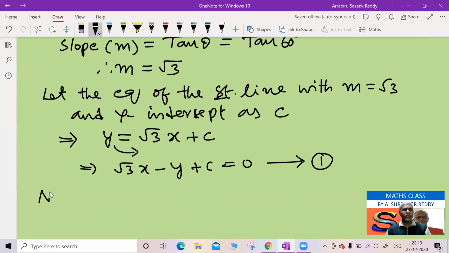And what is given in the problem is the distance from the origin to this line is 4 units.